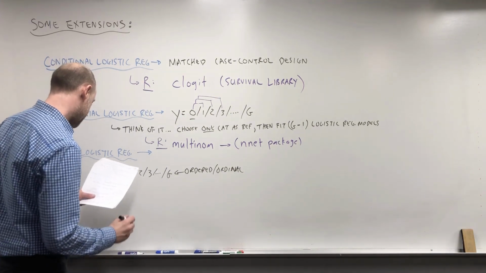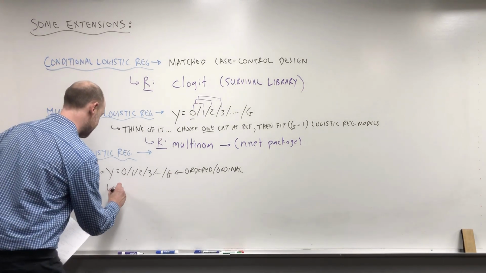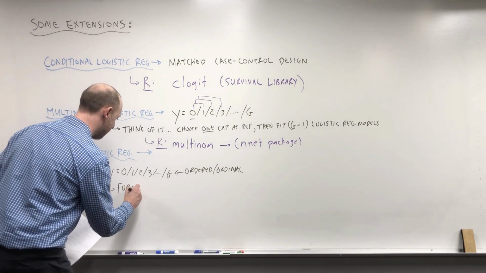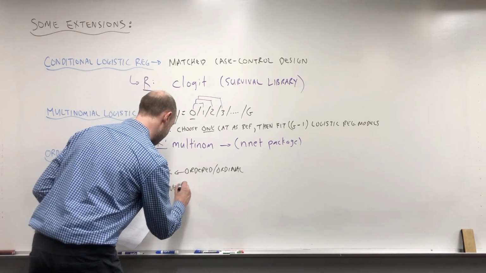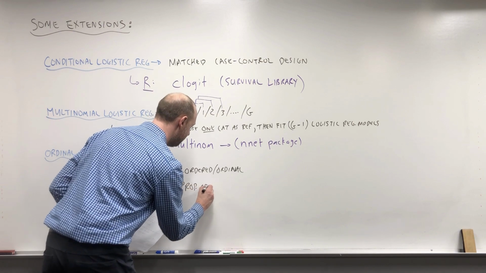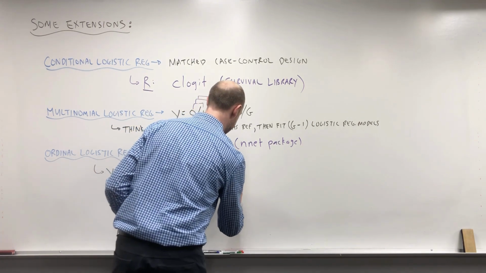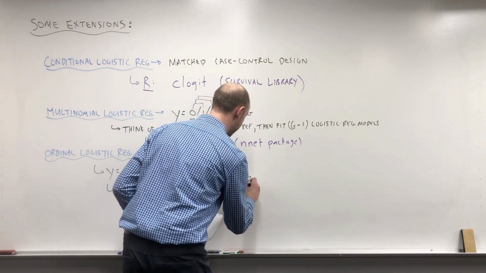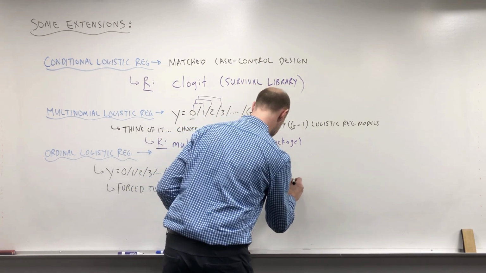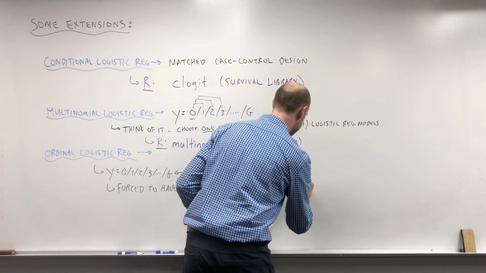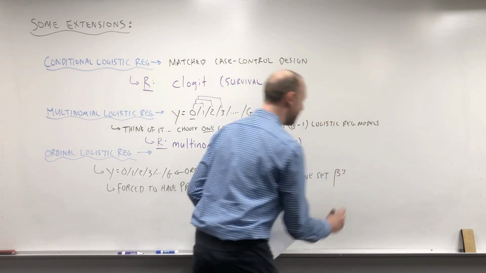One important thing with fitting this model is that it's forced to have proportional odds. What it means by that is it fits parallel lines. In other words, there's one set of betas or one set of model coefficients.